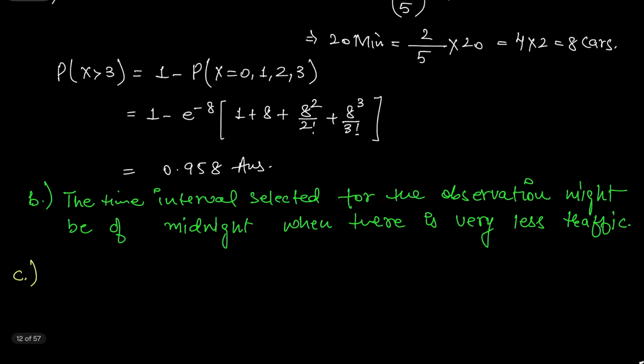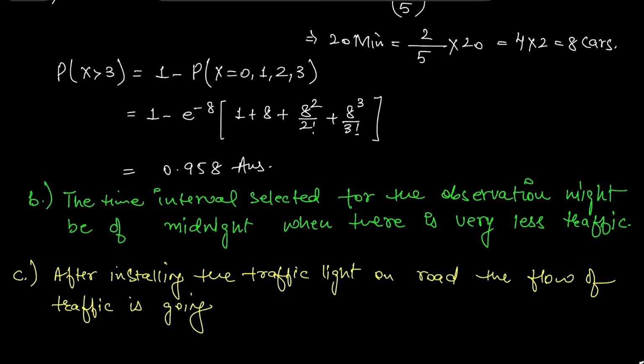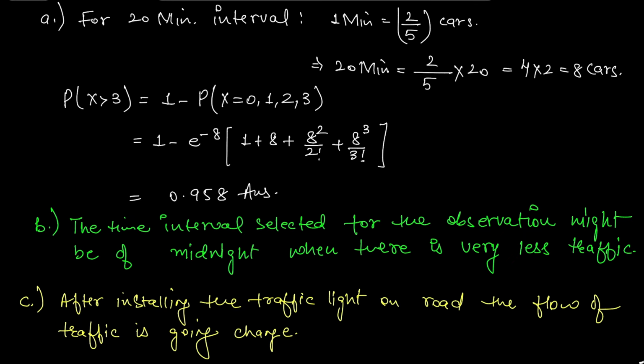So I will write that after installing the traffic lights on the road, the flow of traffic is going to change, and hence it will not be random, and then the Poisson distribution will not be applicable. Okay, let's move on to the next question now.